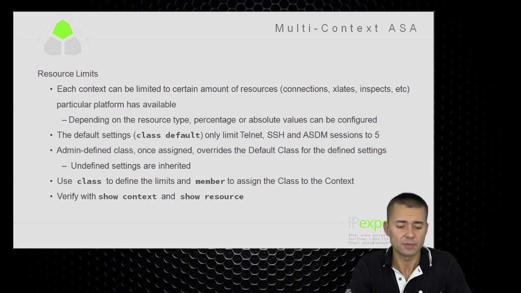So this is where you could use this feature, which is enabled by the class command. You will basically create a name for the class. So this is going to be like a class of resources where you will specify the limits, either as a percentage value of what's physically available on the ASA, or maybe as an absolute value, such as 50 telnet sessions, management sessions to the context, and then you will assign this class to the context.